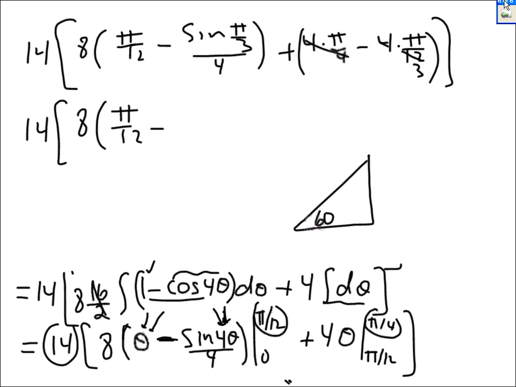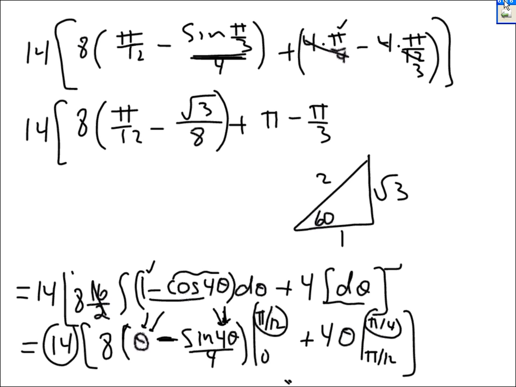And the sine of 60 degrees is square root of 3 over 2. So you have square root of 3 and you divide it by 2. But then you divide it by 4. That is, you divide it by 8. Plus, this is pi minus pi over 3. So we just need to clean this up. It needs a lot of cleaning up.